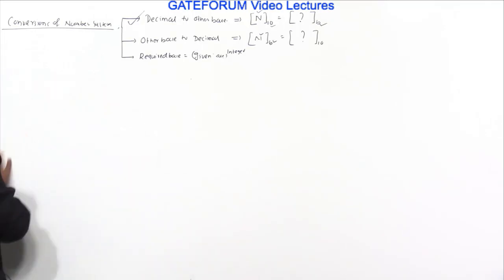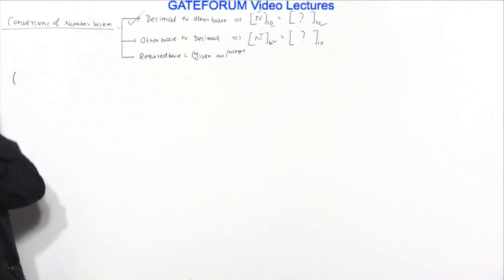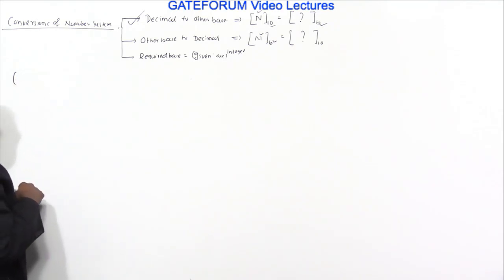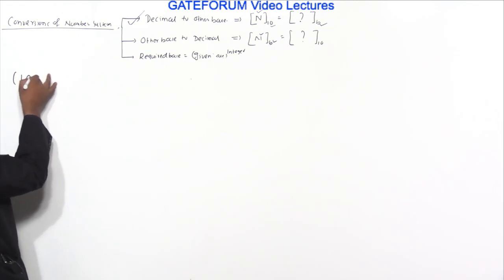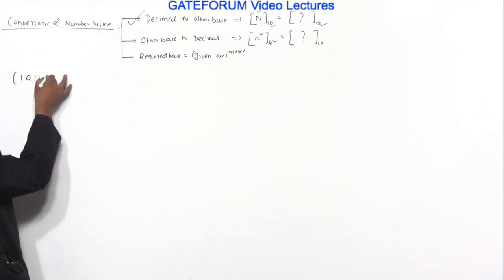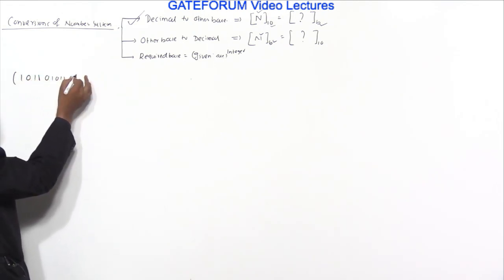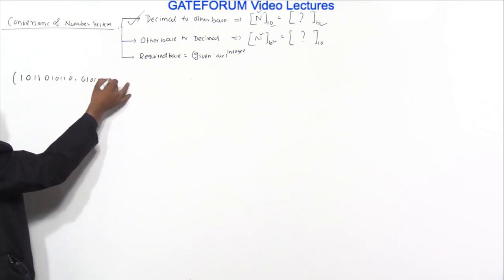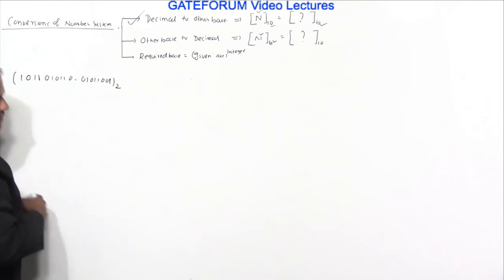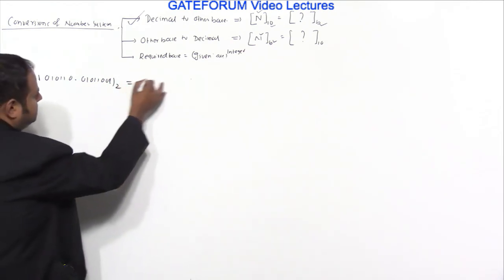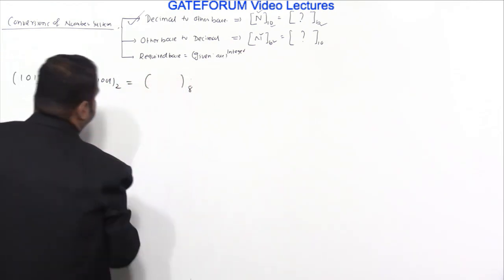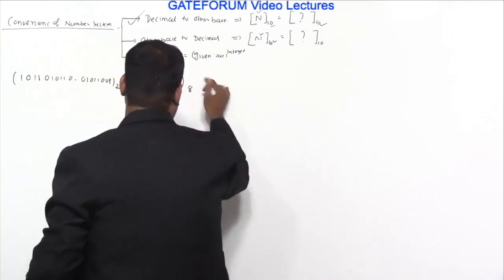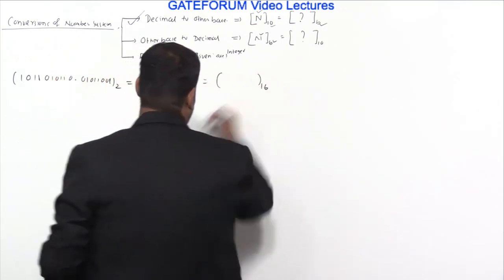Suppose for example I have a binary number, 1 0 1 1 0 1 0 1 1 0 dot 0 1 0 1 1 0 0 1. Okay, so this is given in base 2, and suppose my requirement is to obtain the base 8 equivalent of this and the base 16 equivalent of this.